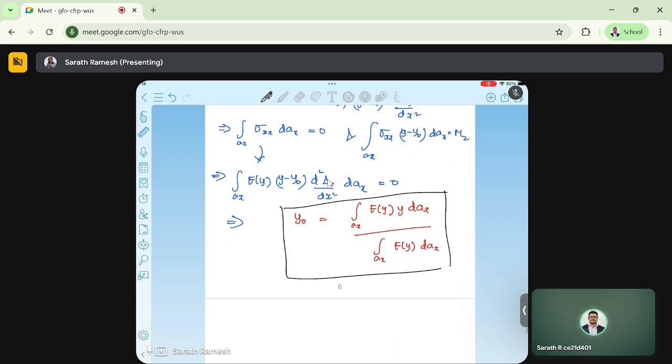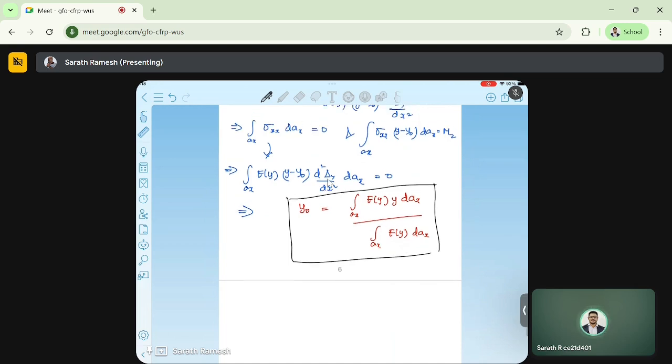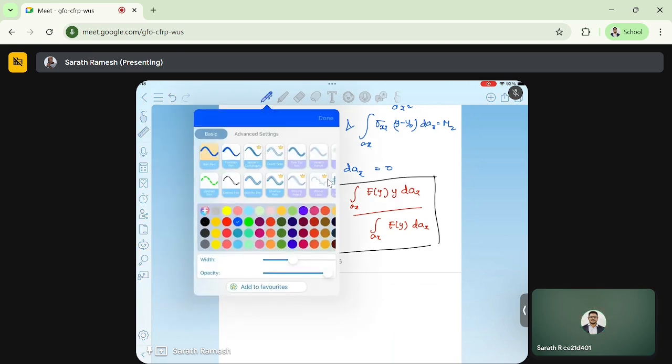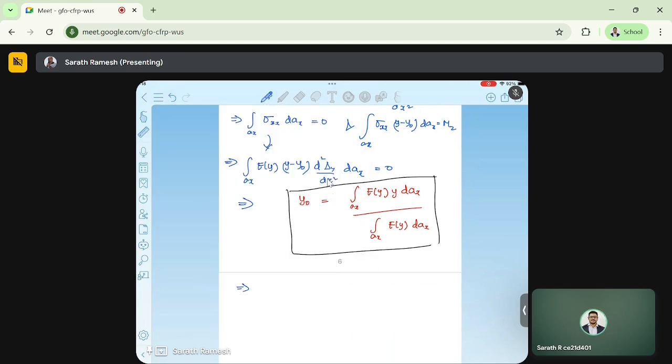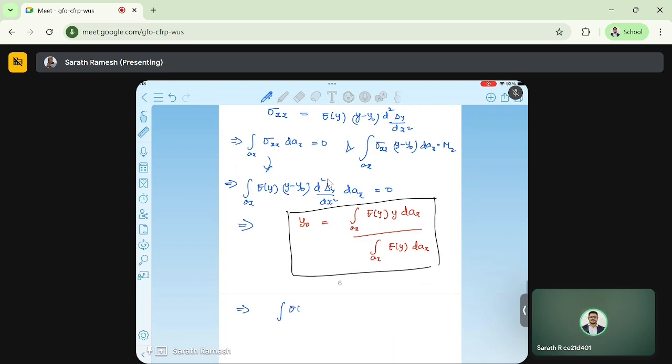Okay. So similarly, when we use the moment equation, the other equation, that implies integral, see, instead of sigma xx, we can substitute E of y. Y minus y naught is there already, so there will be E of y times (y minus y naught) the whole square, d square delta y by dx square dAx equal to mg.